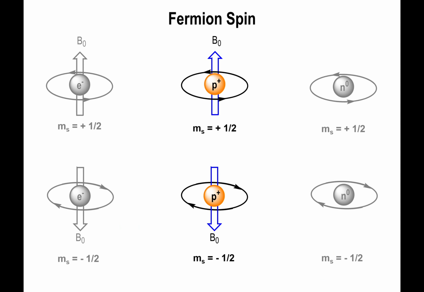So as I said earlier, we're going to see how having a charged particle spinning on its own axis, producing a magnetic field, is going to affect the relationship, especially when you bring this particle to an external magnetic field, which is the essence of NMR.